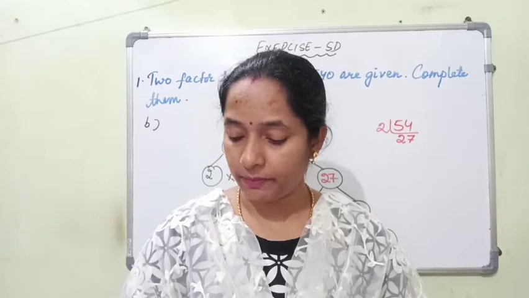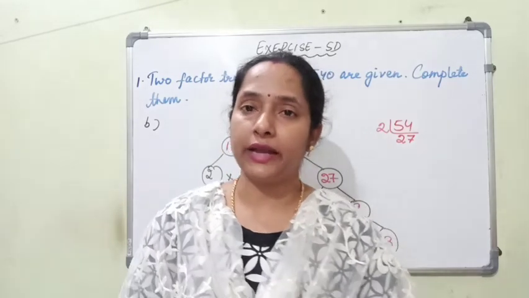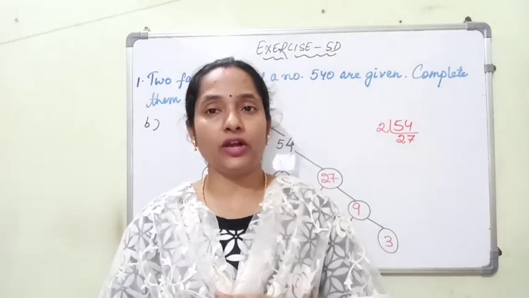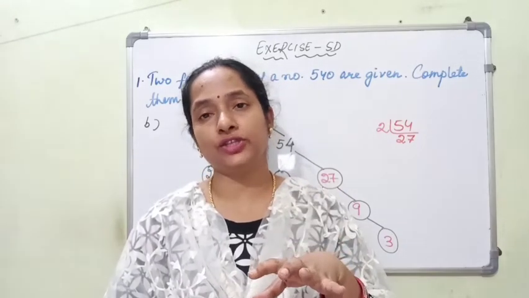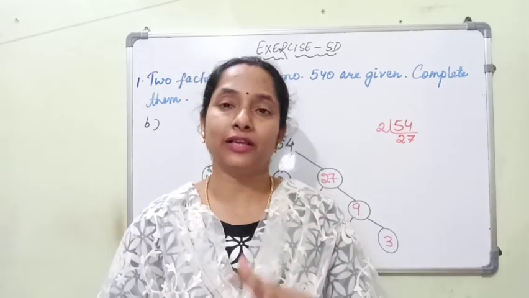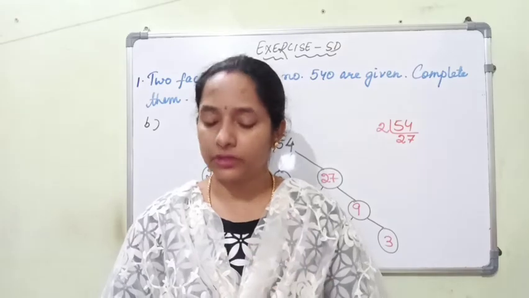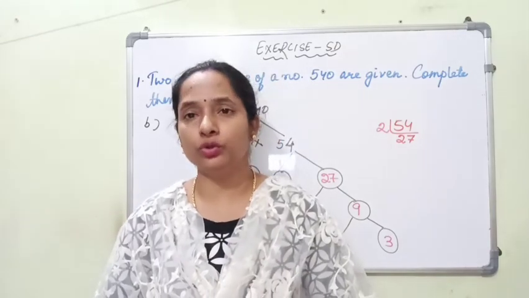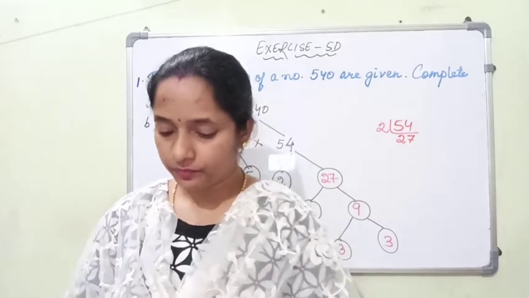So which appropriate number can be placed there, you have to write down. As we already discussed, whenever we go for prime factorization of any number by the short division method, we have to try to divide it by prime numbers only. So let us see how to do it. One, I am going to help you with.